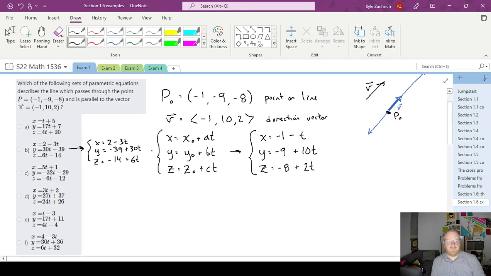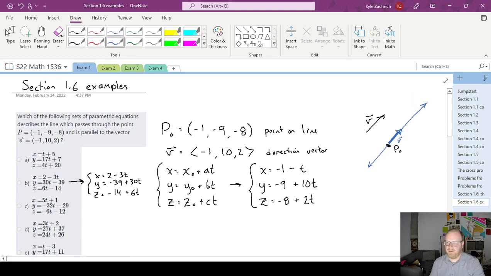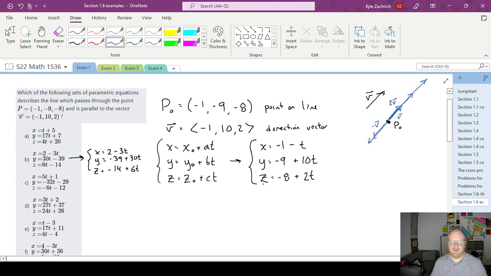Okay, so we're not finding any of these exact numbers here, but remember that we can define this exact same line with 2v. We could define this same line with negative v, right? So we don't have to pick that exact direction vector, negative 1, 10, 2. We could pick a lot of different ones. So let's look for some parallel direction vectors.